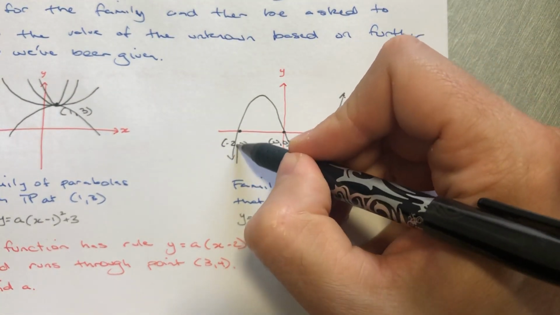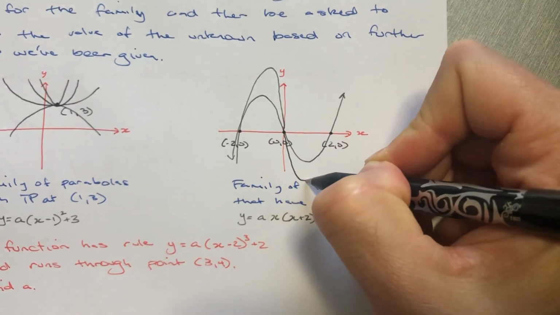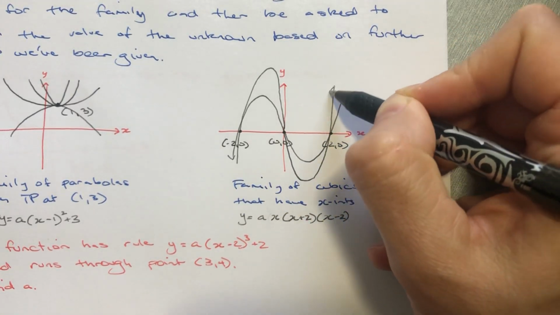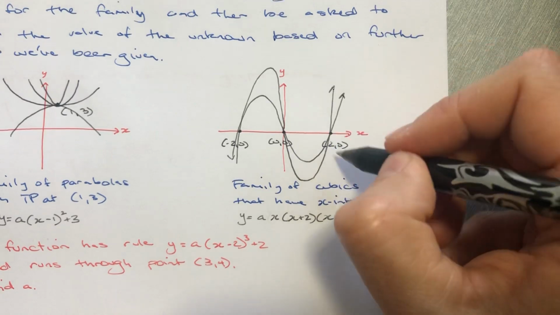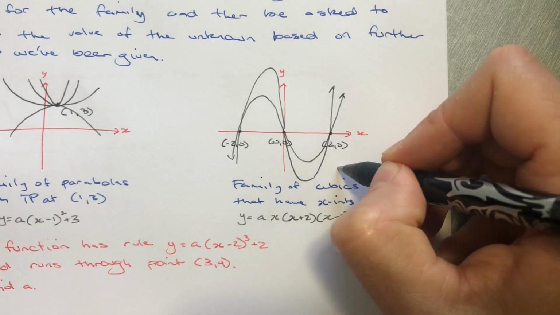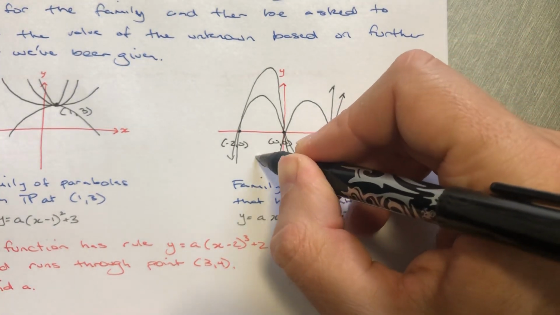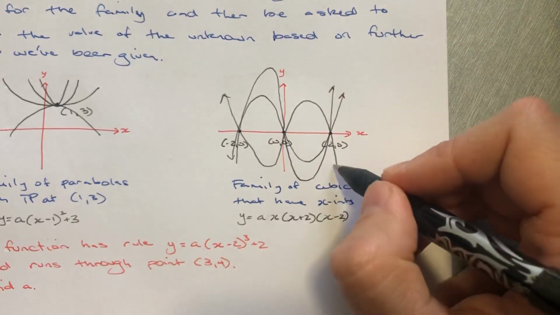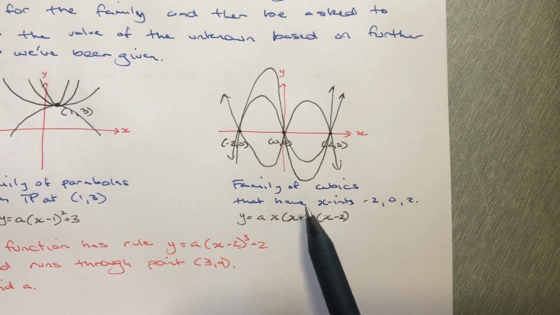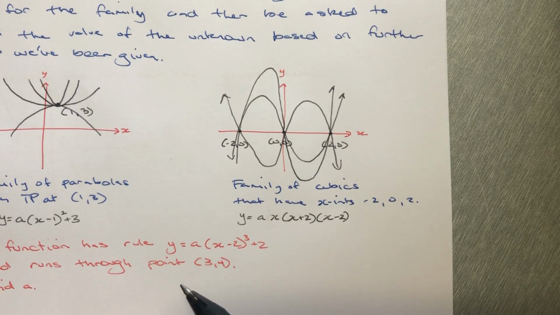You could have another one that goes even higher, but still has those same x-intercepts. There you go. And again, instead of having it pointing up, that a could be negative, so they could actually have their tail pointing down. So it could go like that as well. That rule is representing all of these different curves and the infinite number of other ones that we can make.